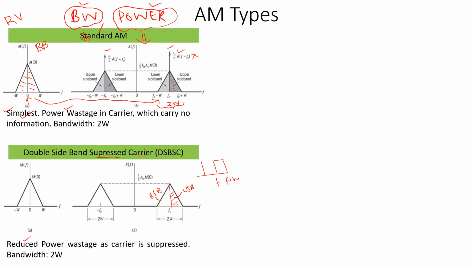But the problem is, can we realize an ideal band pass filter like this? No. A normal filter will have some finite roll off. So it is not easy to realize an ideal band pass filter. So that is one issue.